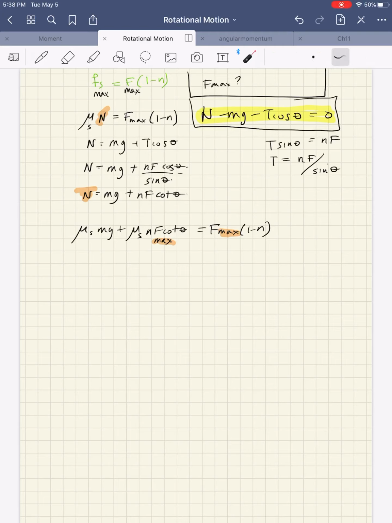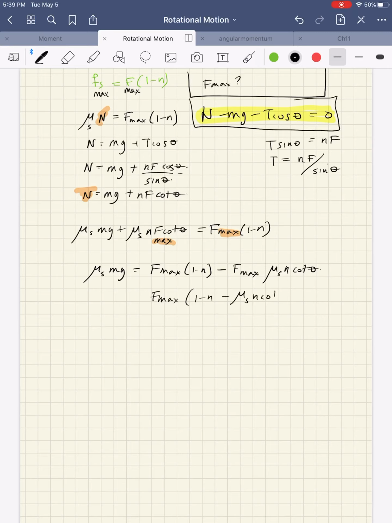And so you can see that in order to solve for F max, I need to bring this over here, and I'll have mu static mg equals F max (1 minus n) minus F max mu static n cotangent theta, and then factoring this F max out of both terms on the right, I can now just solve for F max.